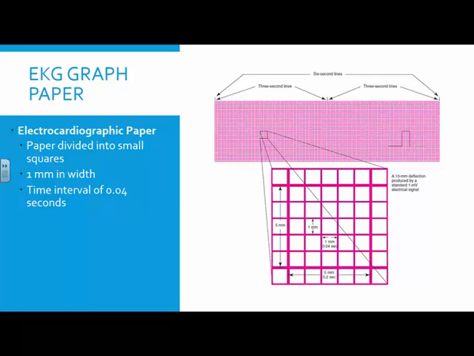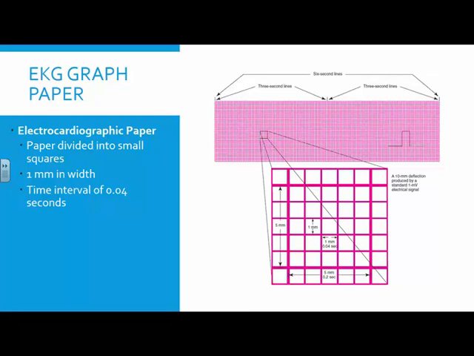Whereas your bigger squares are 5 of these, and that equals what? 0.20. It takes how many 0.20 blocks to make 1 second? 5. So if you count 5 0.20 blocks, that's going to give you 1 second.